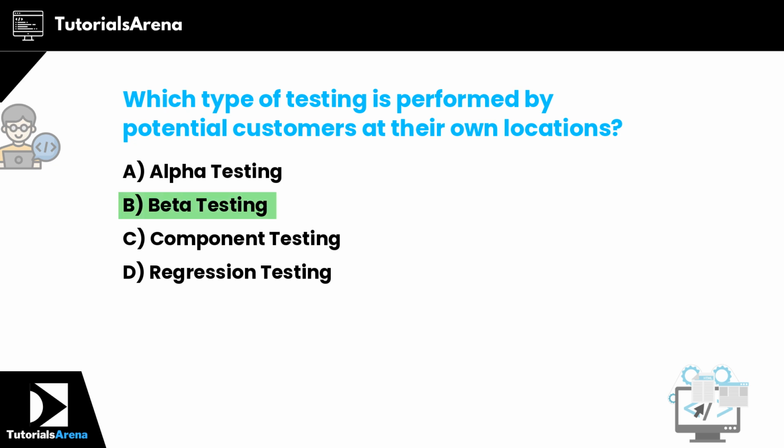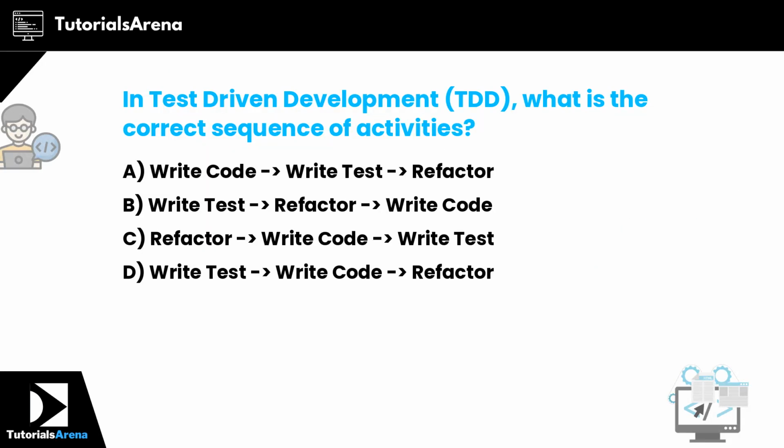The correct answer is option B, beta testing. In test-driven development, TDD, what is the correct sequence of activities? The correct answer is option D, write test-write code-refactor.